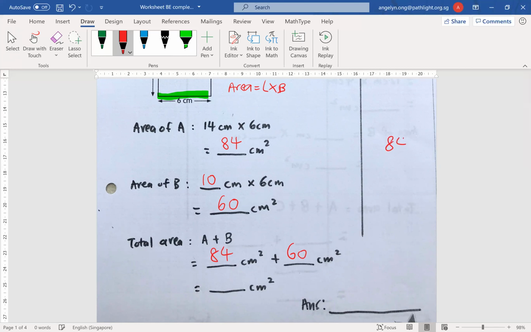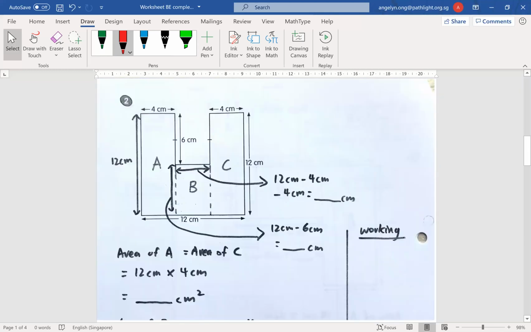So 84 plus 60, that will give me 144. So I have 144 square centimeters. 144 cm squared.